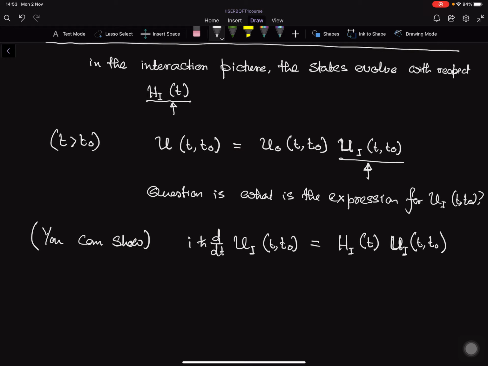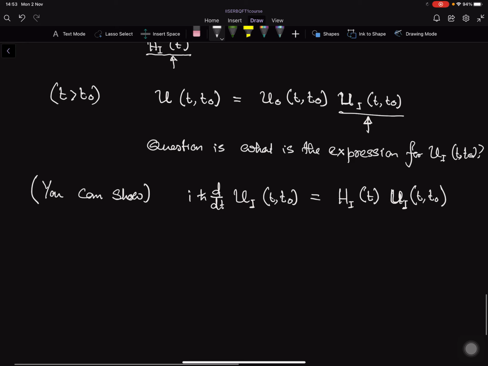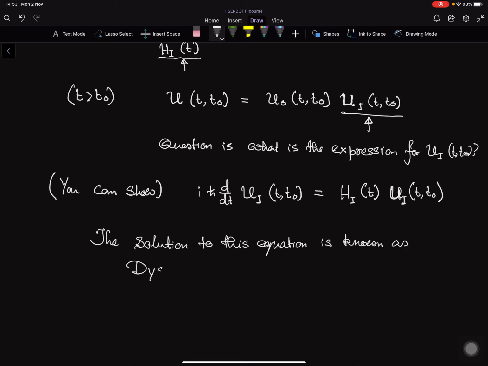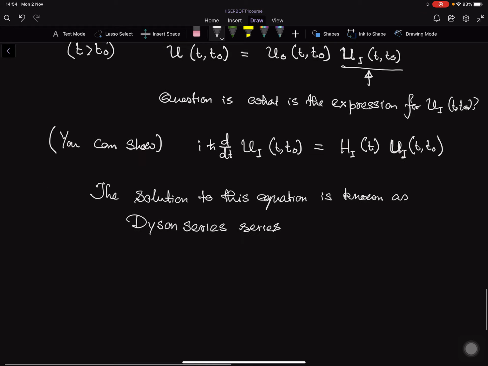Okay, so this is the differential equation it satisfies, you can show, and the solution to this differential equation is known as the Dyson series. Probably you have done it in your quantum mechanics course. So let me try to explain the subtlety of the Dyson series.